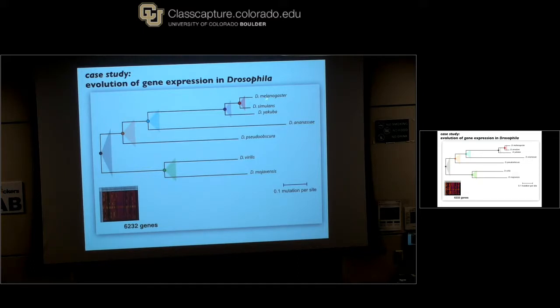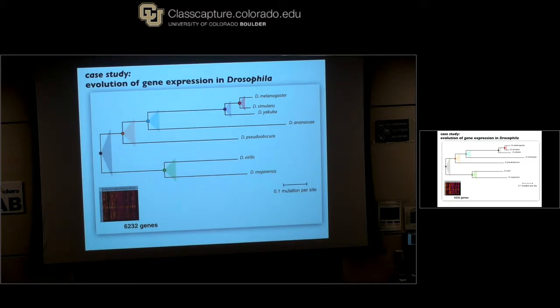So the interesting thing about this tree is if you compare pairs of species on the tree, you can cover a broad range of time divergence between them. Melanogaster and simulans are pretty close to each other, but if you compare Melanogaster and Mojavensis, for example, this is a much larger time scale.